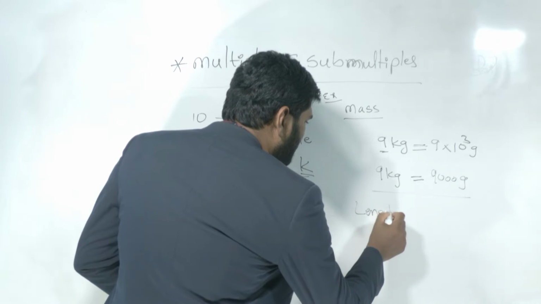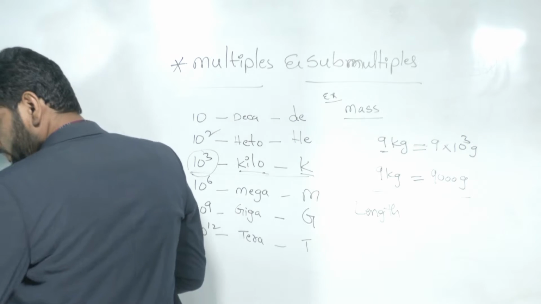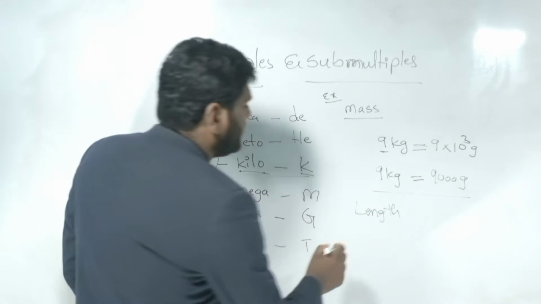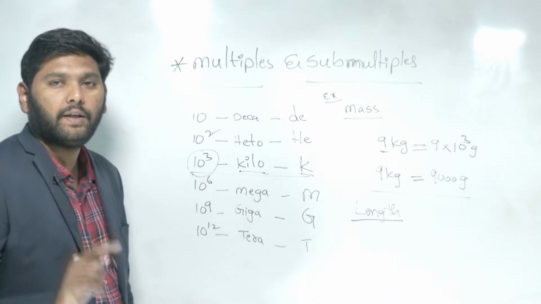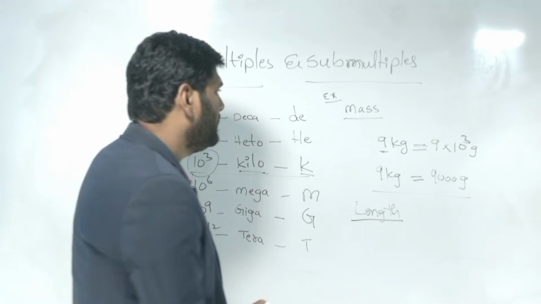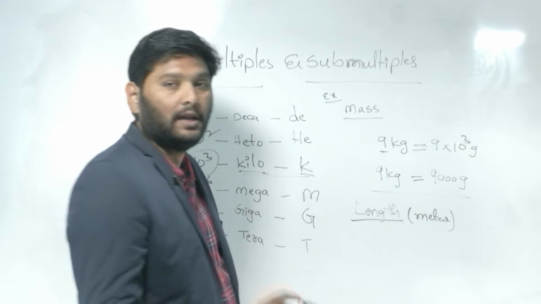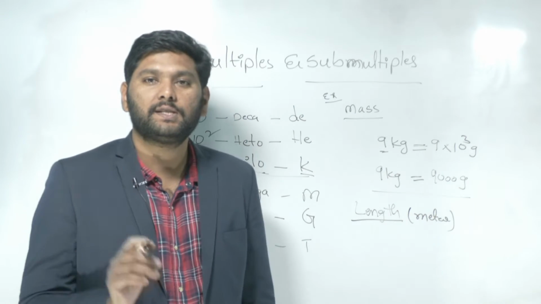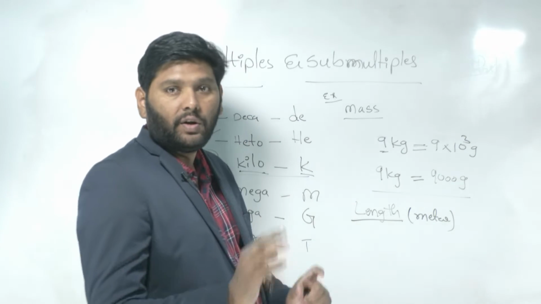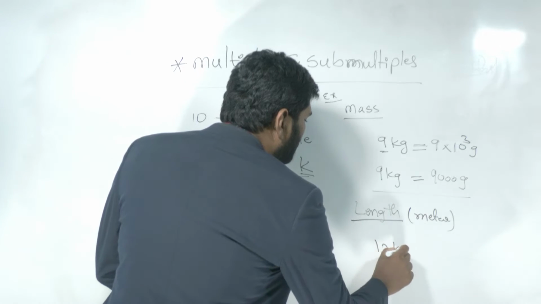Let me take one more example, length units. If I take length, a physical quantity, kilometer. Generally, meter is the SI unit of length. You know very well. Let me take some value of length here. I am taking 12 kilometer.